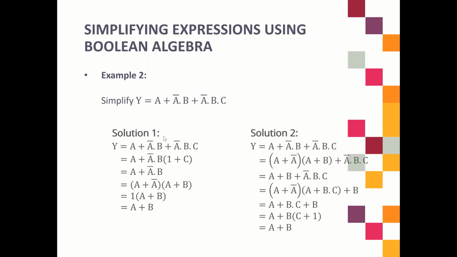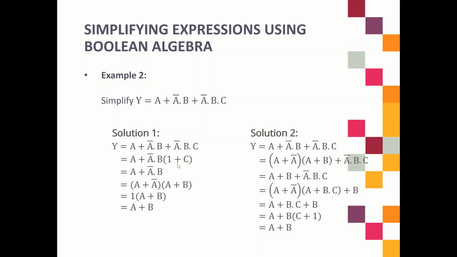So here there are two solutions that you can apply to simplify the expressions. Okay, maybe there are other solutions, but I only show you these two solutions. Okay, so we look at our first solution.